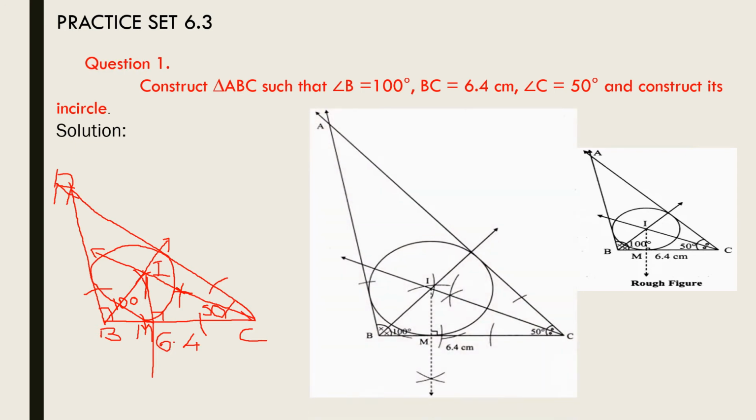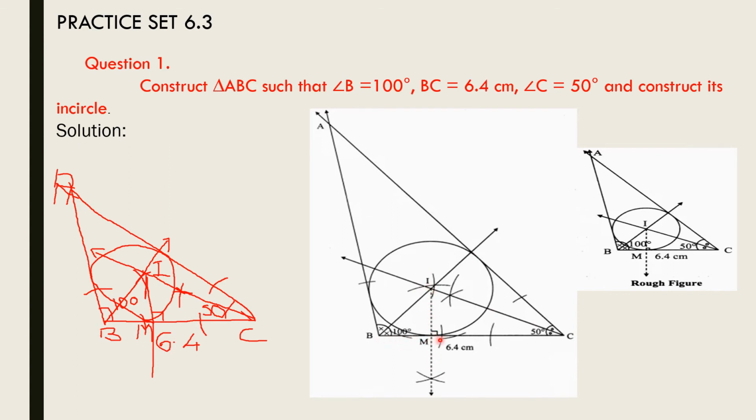Here BC of length 6.4 centimeter, and the angle B is equal to 100 degree and angle C is equal to 50 degree, and these two angle rays are intersecting at the point A. This is your triangle ABC, and draw the bisector of angle B and angle C. These two bisectors are intersecting at the point I. And from the point I, here it is, draw the perpendicular line IM to the base BC.